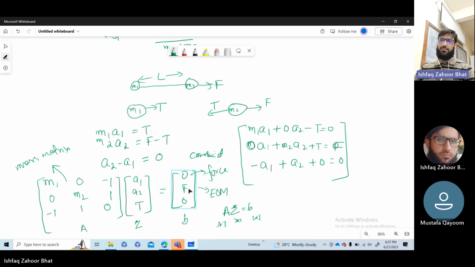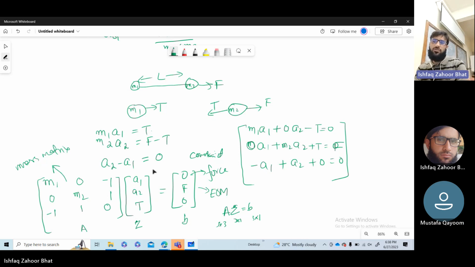This F is the external force and T is not. Actually, sir, I'm talking about A1 and A2 and T. A1, A2 are accelerations and T is a force. That is why.